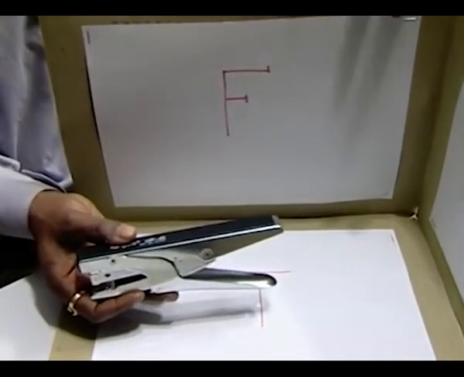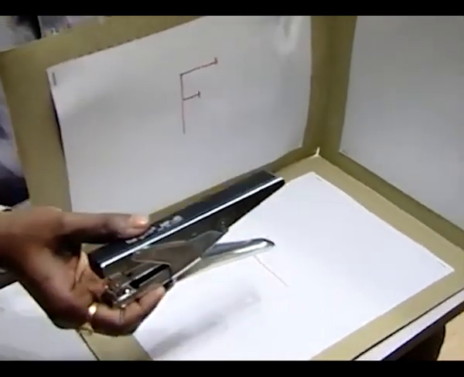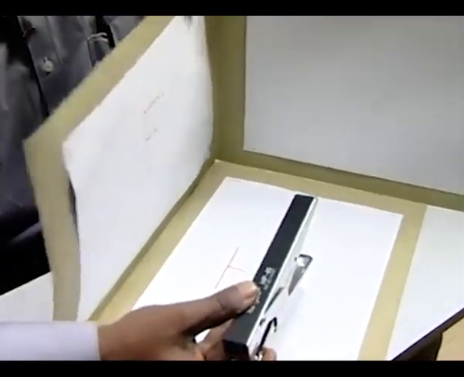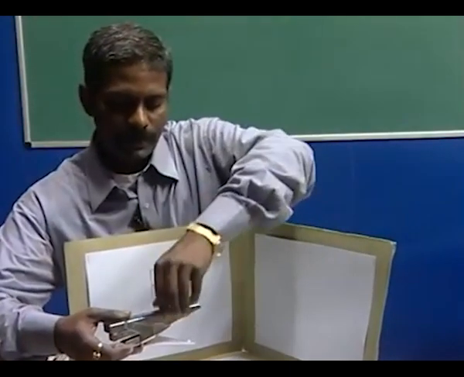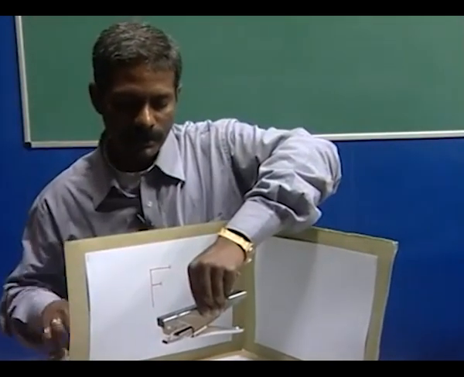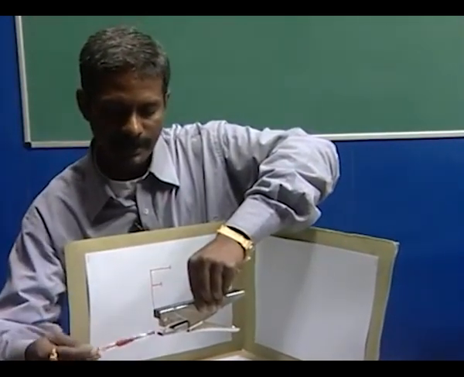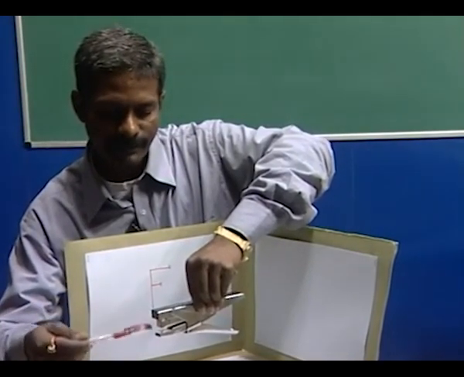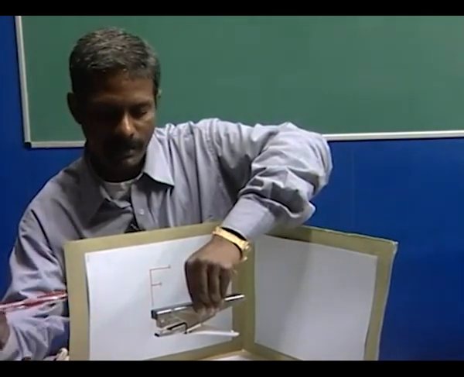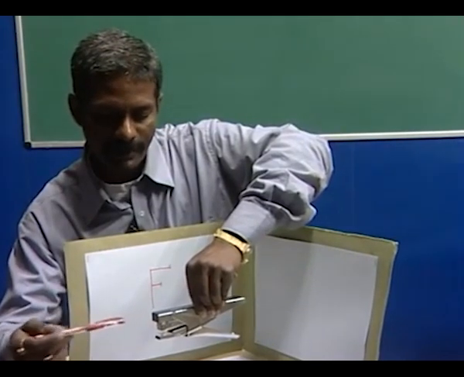Finally, the side view. Let me rotate the entire setup. Now consider that you're looking at this object from this side, from its left hand side. Again, parallel projections are emanating from you.